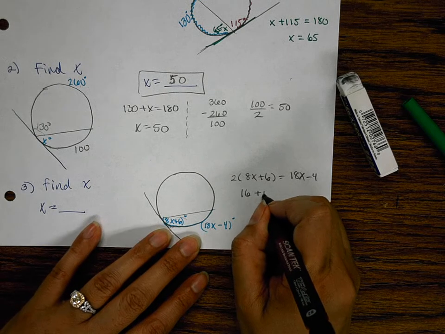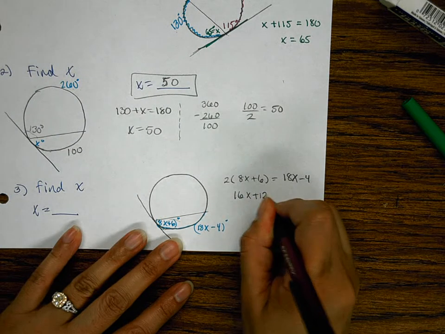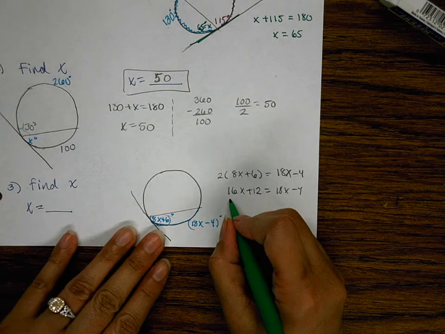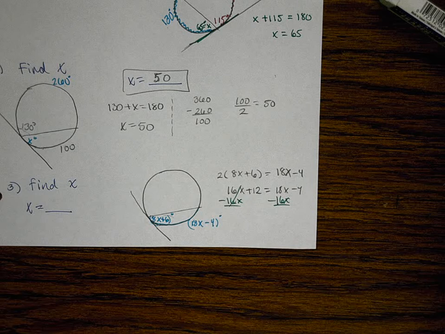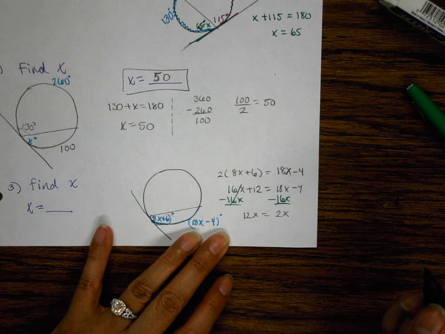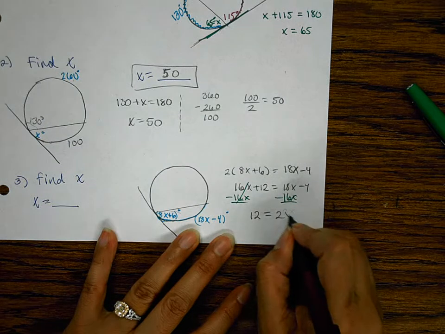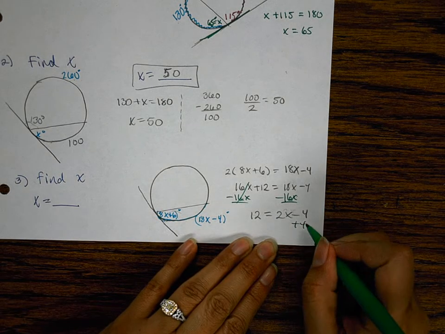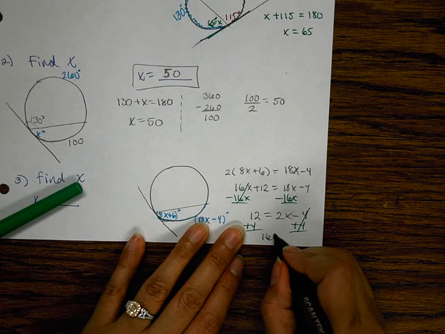16x plus 12 equals 18x minus 4. All right, I'm going to subtract the 16x, and that gives me 12 equals 2x minus 4, and then I'm going to add the 4. 12 plus 4 is 16. 16 equals 2x.